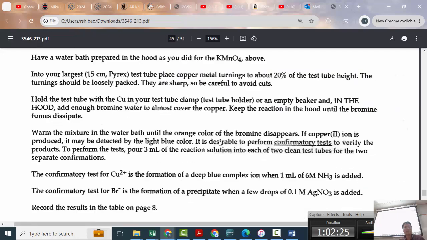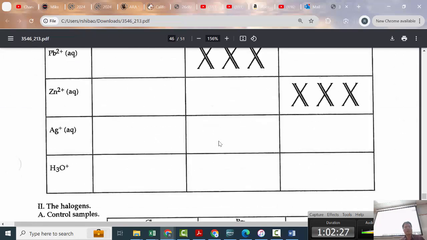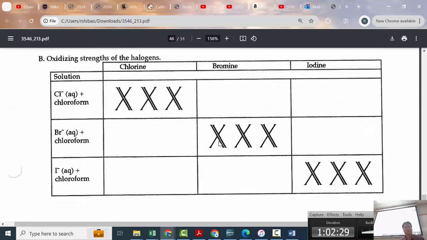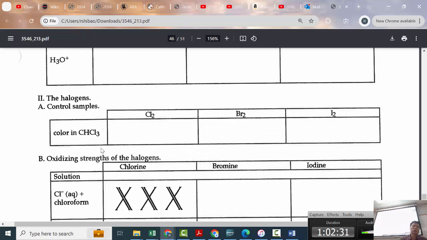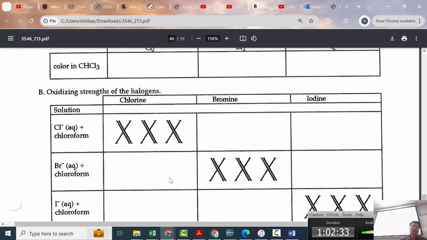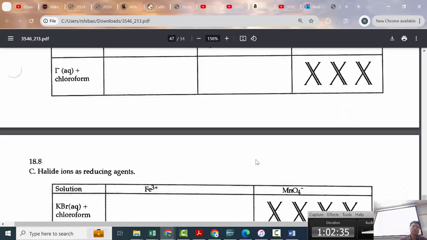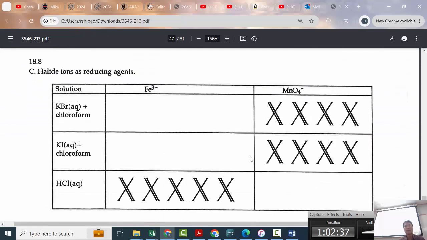All right, then we're looking at some other reactions here. Here's the control, and here are the reactions. Then we're going to look at iron 3. Will iron 3 oxidize bromide or water?